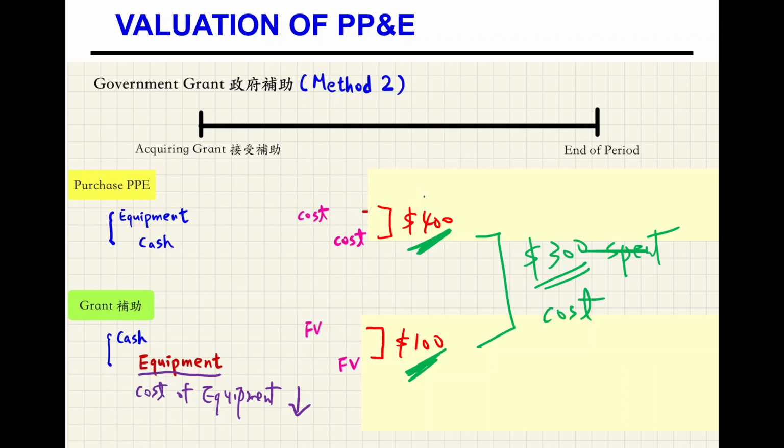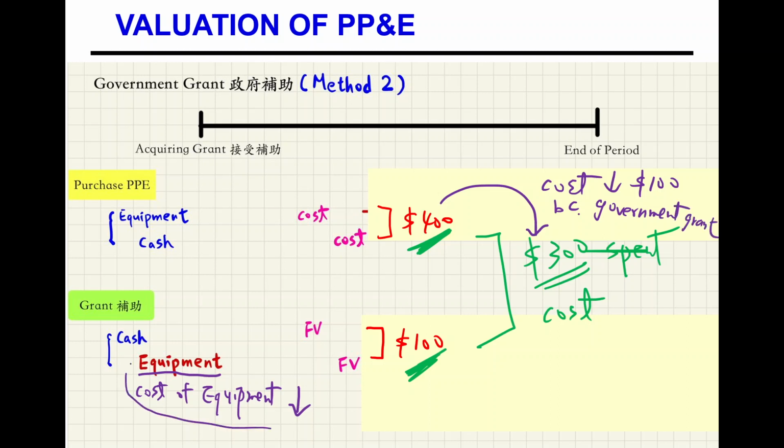Right? 400 to 300. Your cost decreased 100. Why? Because of government grant. So this means government grant will make your cost decrease.